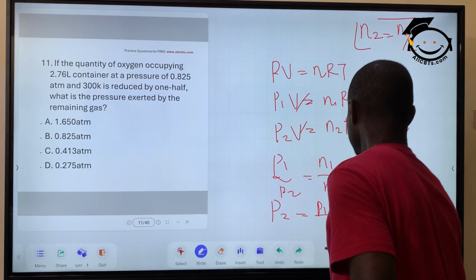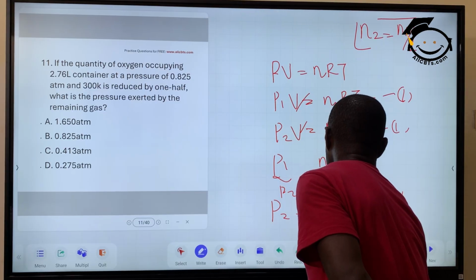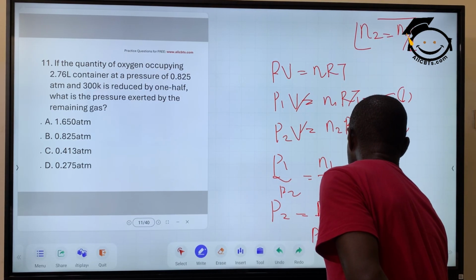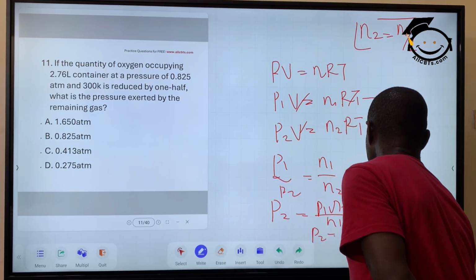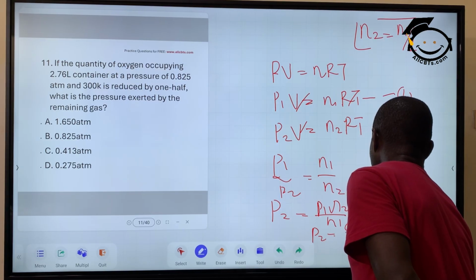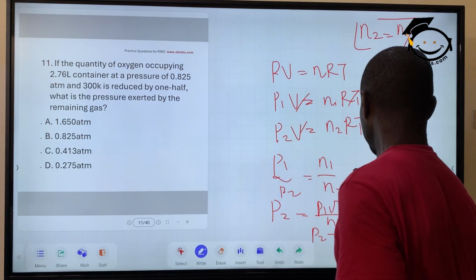Therefore P2 gives us, 2 comes down, giving you 0.825 N1 over 2 N1. N1 cancels N1.